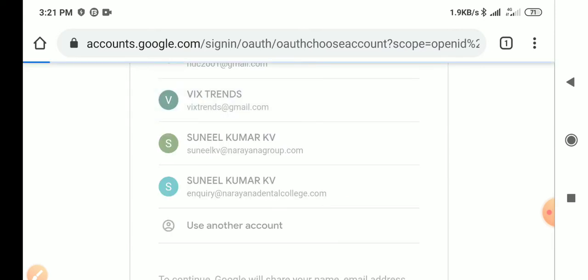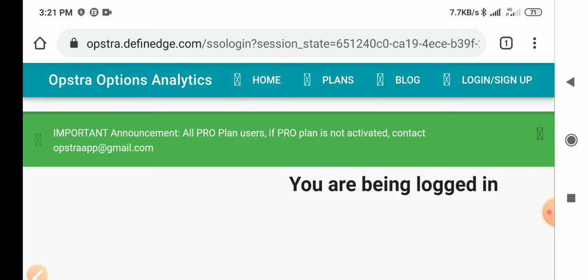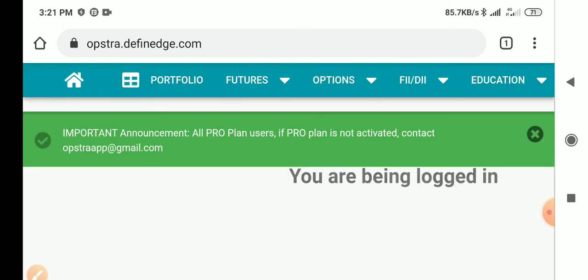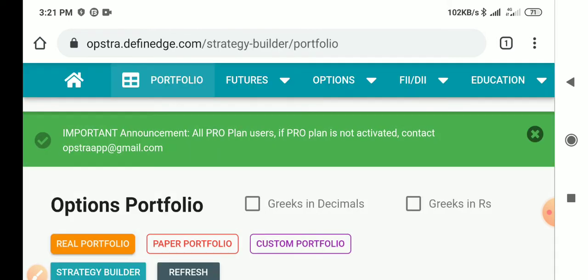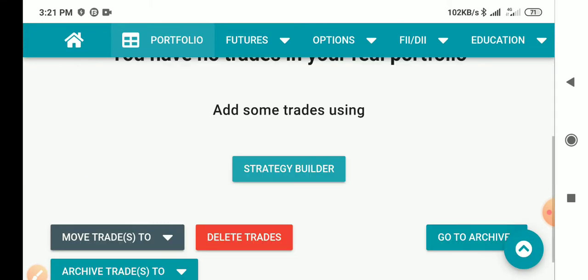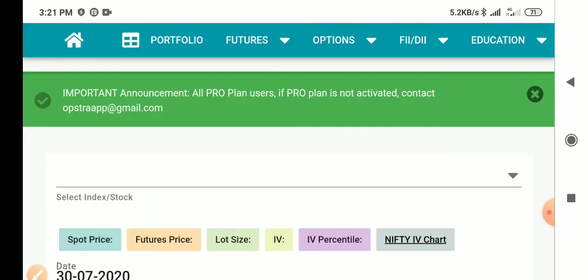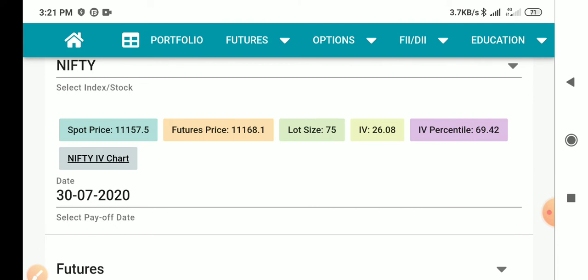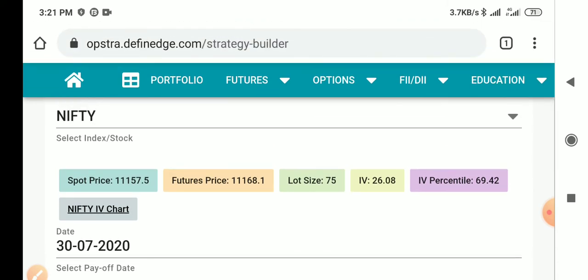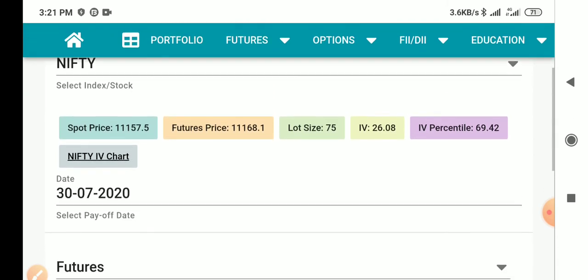I am logging in with my Google mail ID. I am opening the strategy builder. I have selected Nifty, its default one.